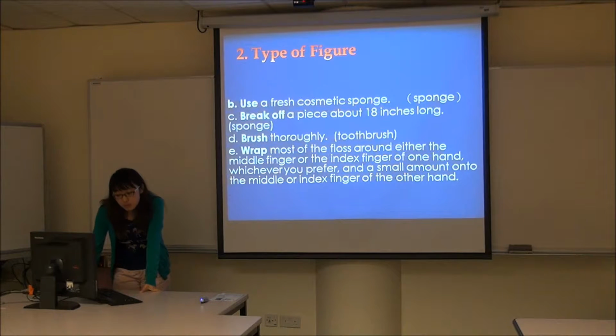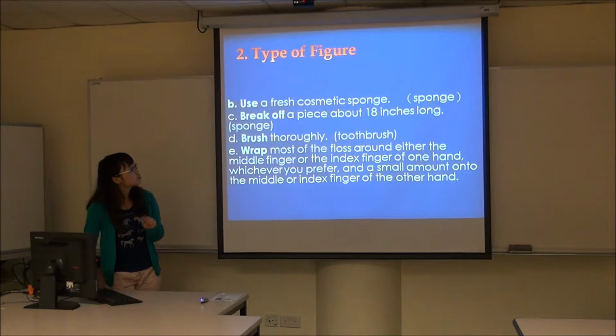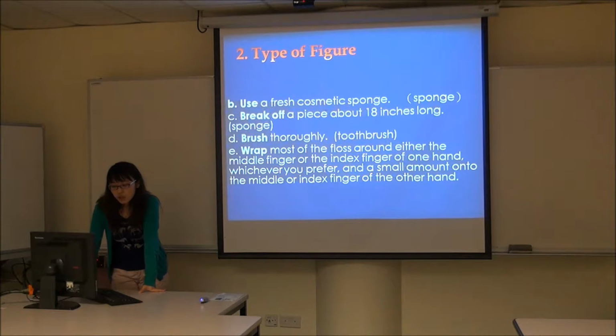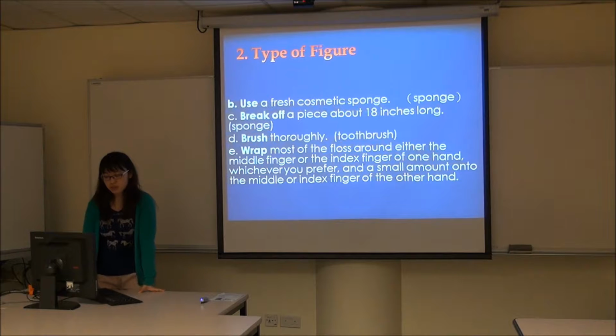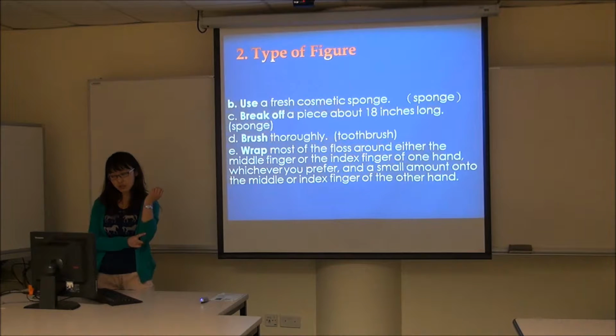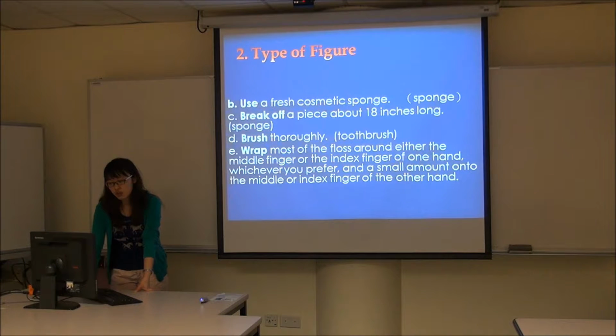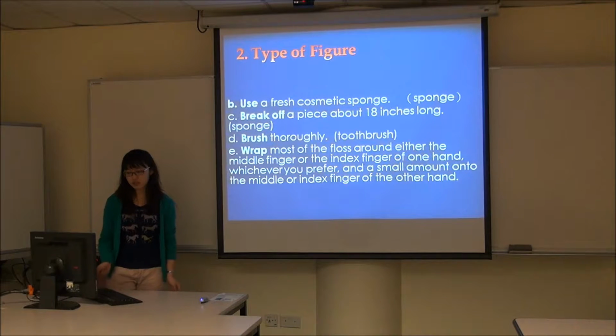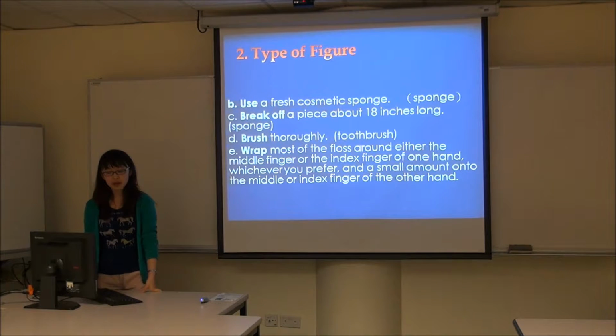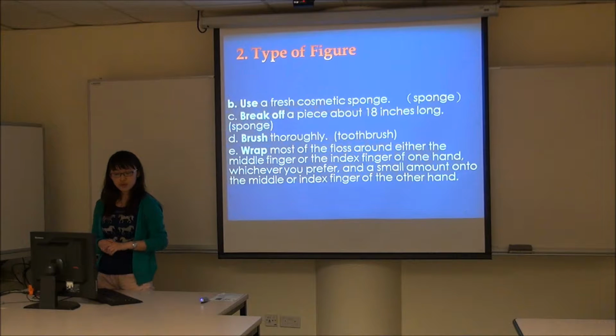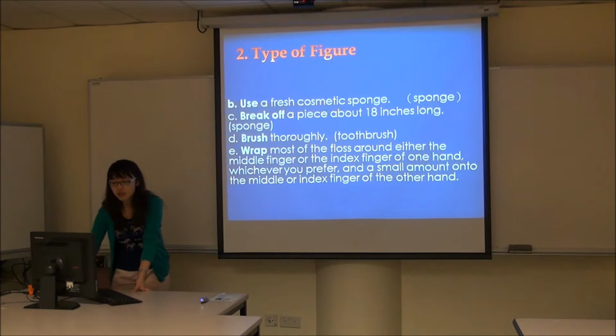We can see from these four sentences: use a fresh cosmetic sponge, break off a piece about 18 inches long, brush thoroughly, and wrap most of the floss around either the middle finger or the index finger, etc. We can see most of them are expressed with the use of verbs at the beginning of the sentence. Apparently they are the doing type.